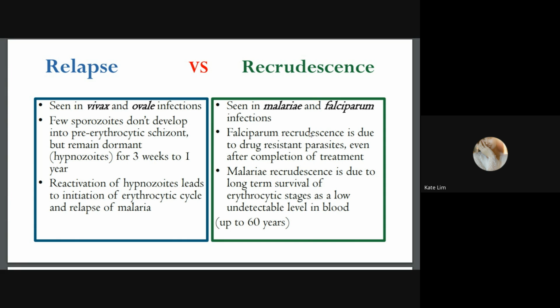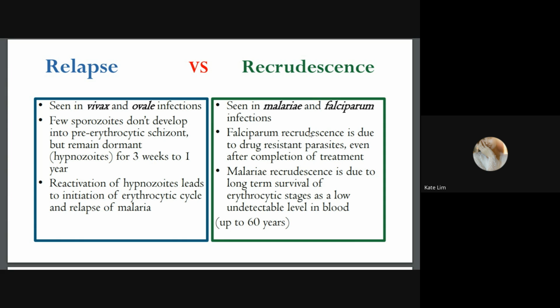In Plasmodium malariae, on the other hand, recrudescence happens because the erythrocytic stages of the parasite can survive in the bloodstream at low, undetectable levels. Meaning, even after a long time, Plasmodium malariae can survive in the bloodstream undetected.